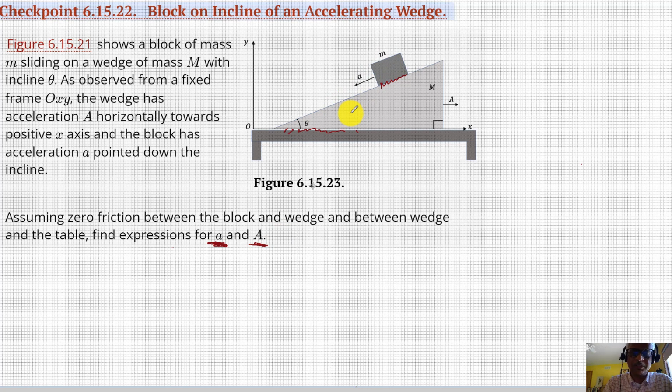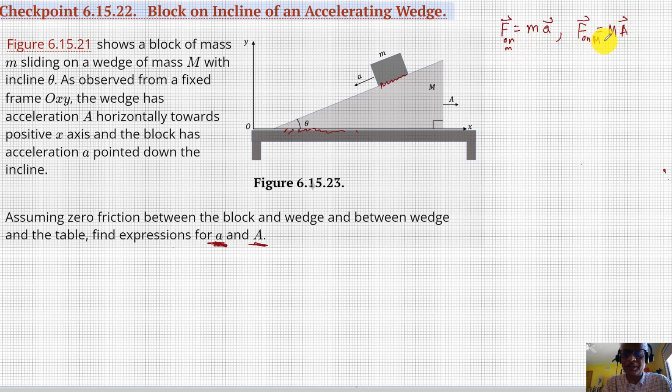Our laws are F equals ma, because fixed mass, so this F on little m, and F on big M equals its mass and its acceleration.